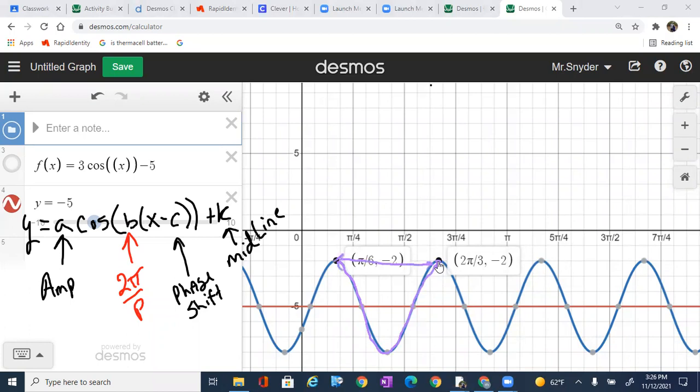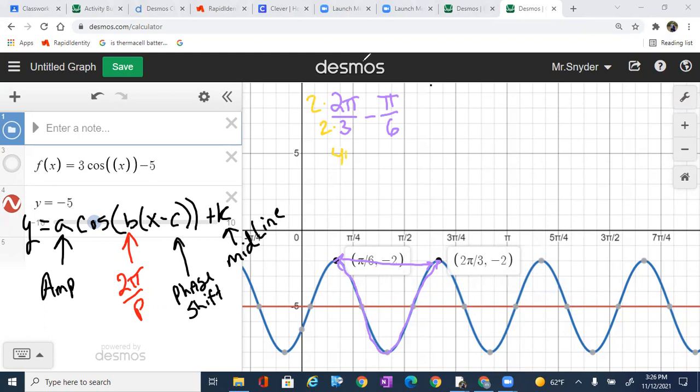Well, how do we find the distance between those 2 points? We subtract them. So I'm going to write 2 pi over 3, and I'm going to subtract off pi over 6. Well, what do we do? In order to subtract these, I'm going to have to multiply that denominator of 3 by 2, and that'll give me a denominator of 6.